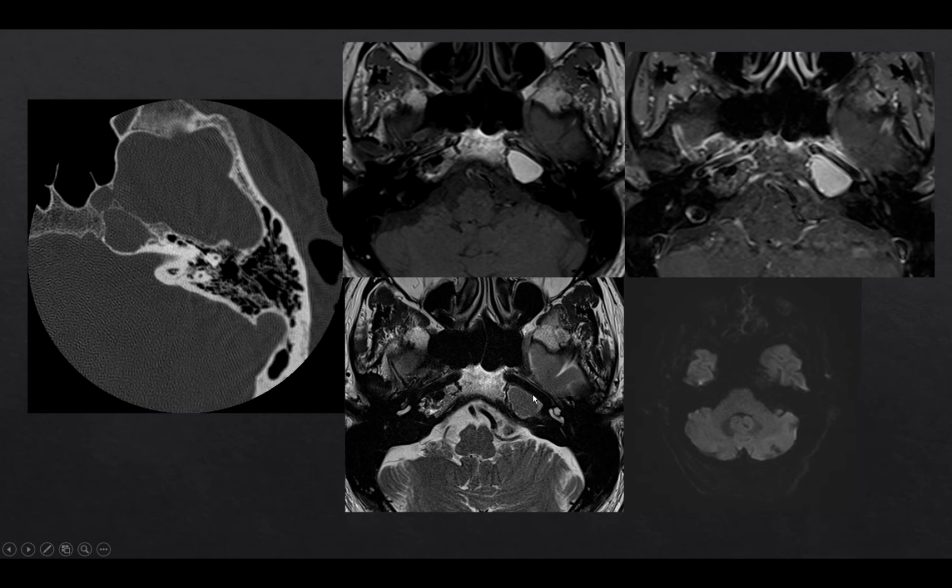Relatively low signal on T2 and lack of restricted diffusion. These are findings that are characteristic of a cholesterol granuloma, specifically the hyperintensity on T1. Very few lesions are going to be hyperintense on T1 and not fat suppressed, and its expansile nature. This is also a classic location for this lesion.